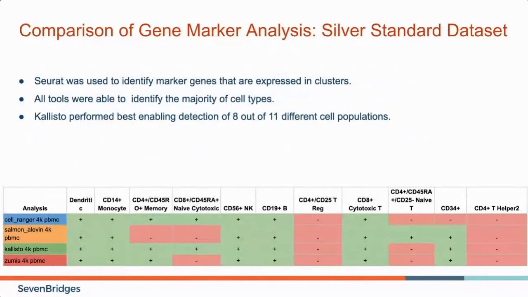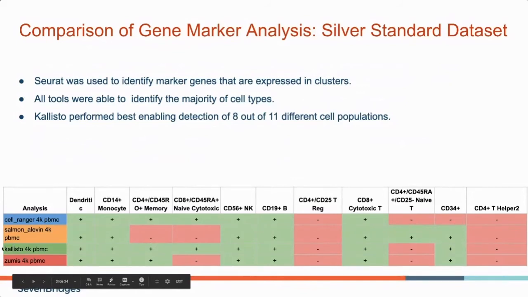Here we use Seurat to identify marker genes expressed in distinctive cell clusters in a silver standard dataset. And based on identification of marker genes, all of the tools were able to identify the majority of cell types, but again, Callisto performed best, enabling detection of 8 out of 11 different cell populations.